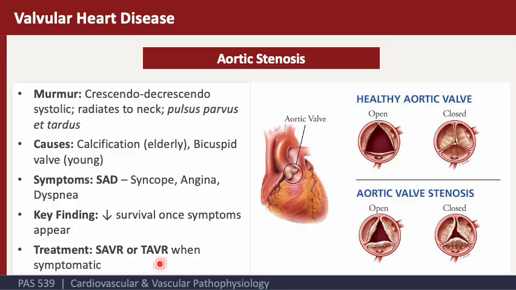It is now kind of the preferred, but if your patient can't tolerate it, you can go to the surgical aortic valve replacement. It is an open heart surgery. It's generally reserved for younger patients, those with complex anatomy, low risk, or long-term durability need.